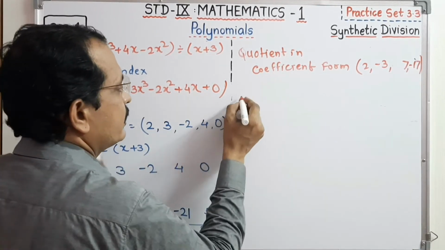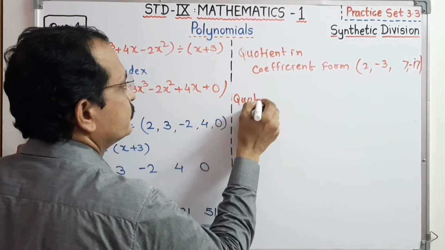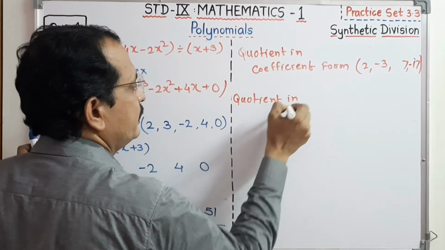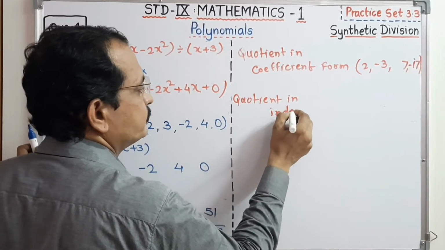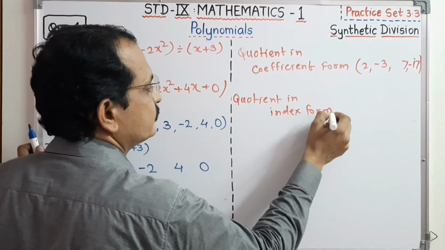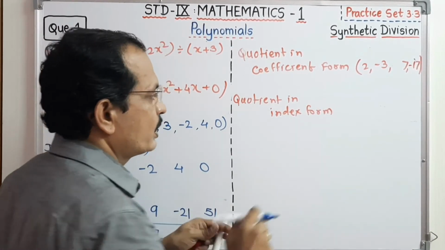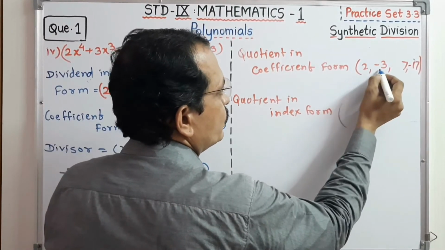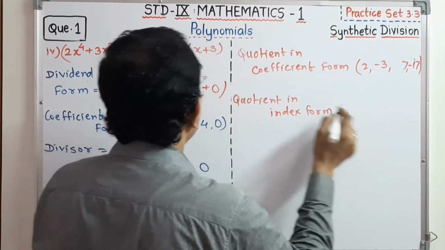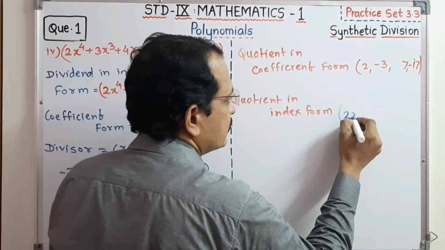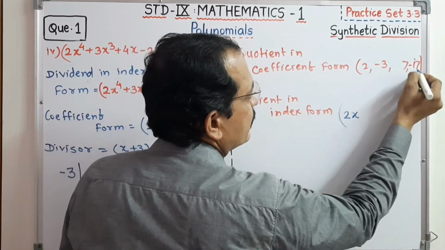Now we have to write the quotient in index form. Now see how to write it in index form. 1, 2, 3, 4. This 2 variable is x, and after 2 how many terms are remaining? 3.